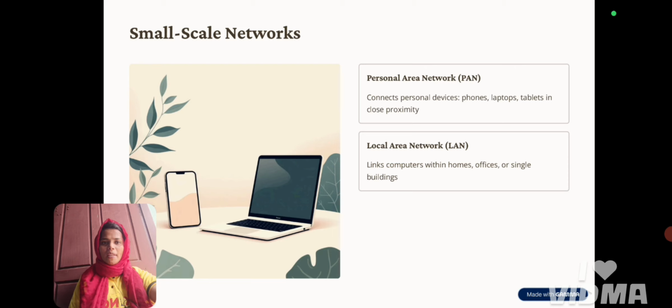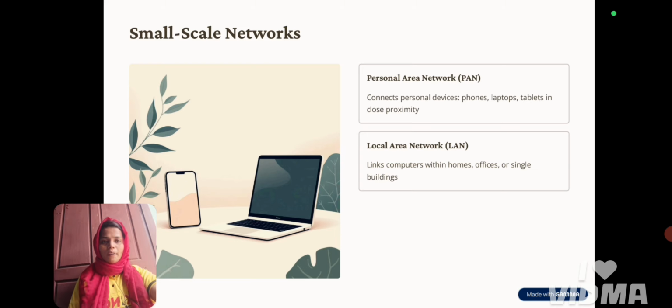Then local area network means linking computers within homes, offices or a single building. If I want to enable the Wi-Fi connection on my mobile in my home, I can use any wireless system to do that. So I can access the network in every device which I have.